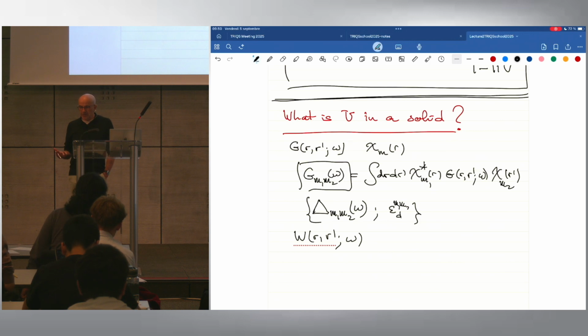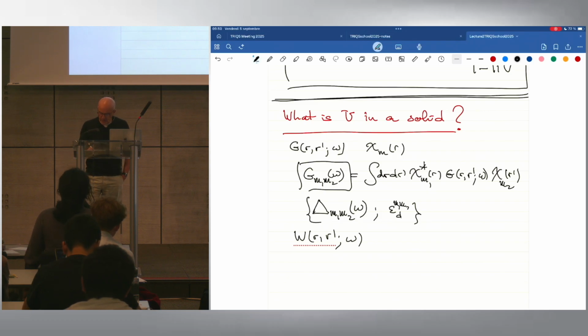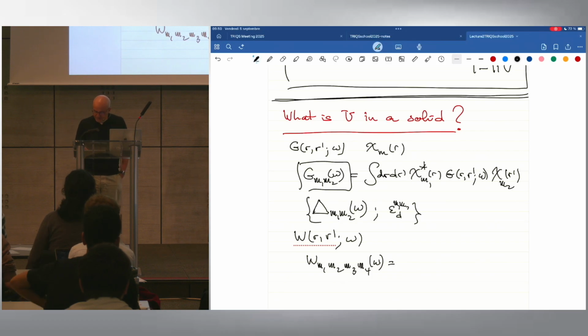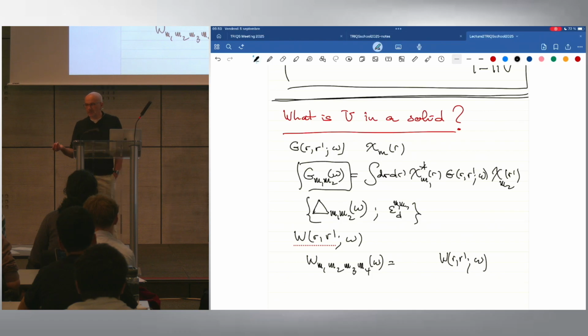Let me be a bit sloppy about this. From W of R, R' and omega, we can construct a tensor W_{m1,m2,m3,m4} of omega, which is now the projected W onto the correlated subspace, which will be some matrix element of W of R, R' and omega using some appropriate basis functions for two-particle objects in the correlated subspace.